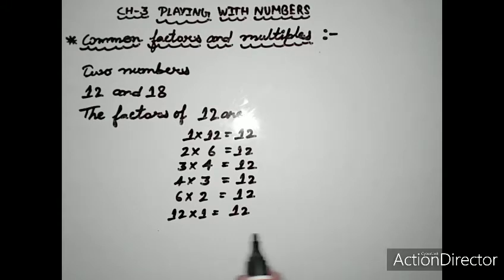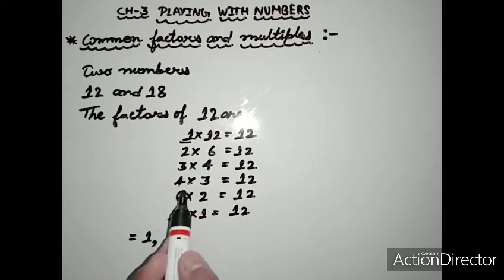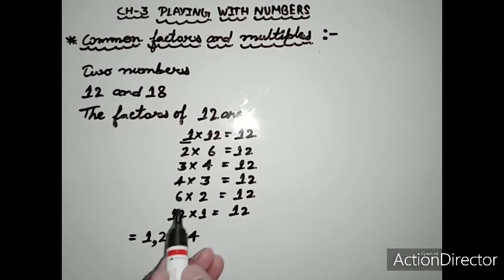So what are the factors of 12? 1, 2, 3, 4, 6 and 12.